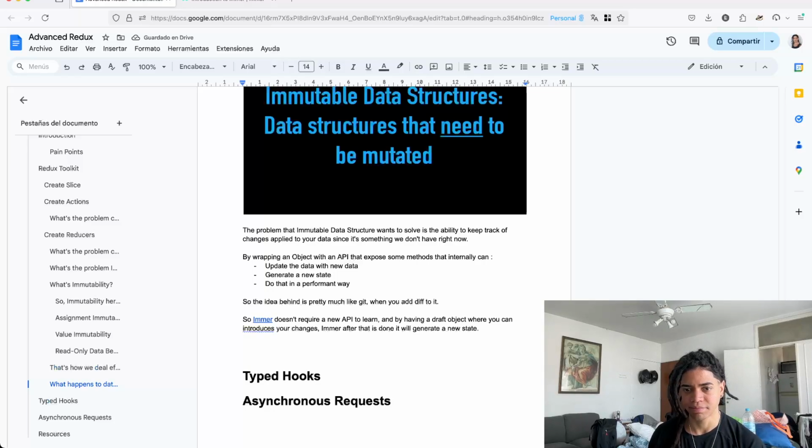Okay. All right. Flow and TypeScript. The idea of Flux. That's interesting. That's very, very interesting.